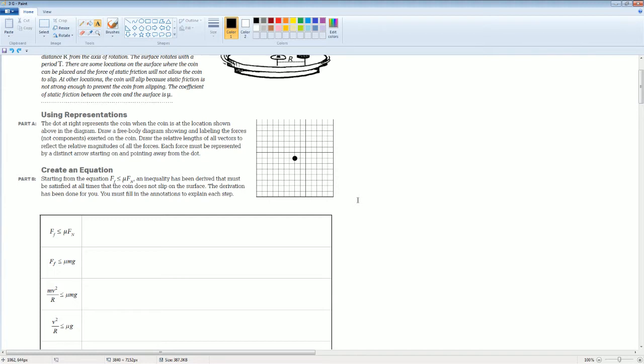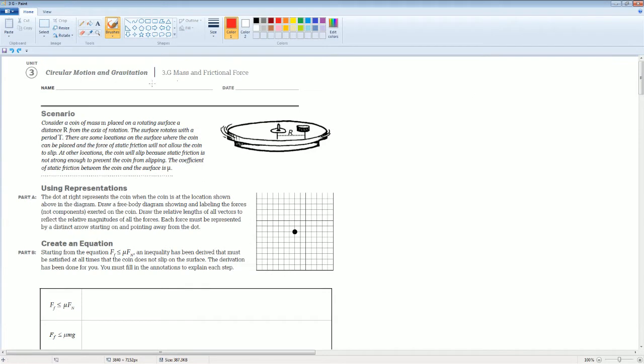There are 3 parts here, and it's pointing inwards. If you look, there's a force inwards, which is going to be the force of friction. The force of friction is what is producing the centripetal force here.